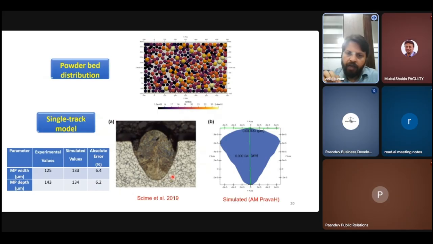Those parameters, along with calibration, you can utilize to simulate this actual melt pool with the software called AM PravaH. Then you compare the melt pool profiles, the melt pool depth, the melt pool width, so that you can extrapolate or predict the process dynamics for the multi-track nature.